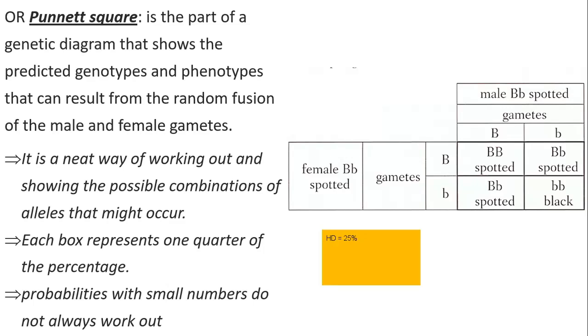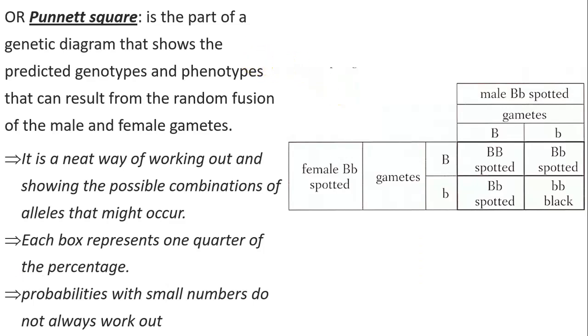If each square is 25%, the heterozygous will be equal to 25 plus 25, which is 50%. What about the homozygous recessive? It will be equal to 1 square, which is 25% only.